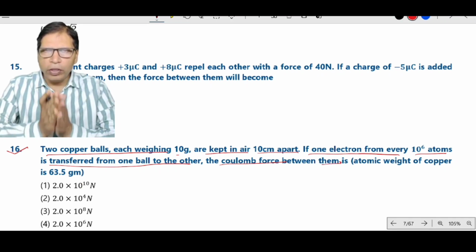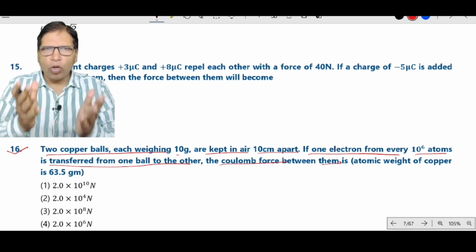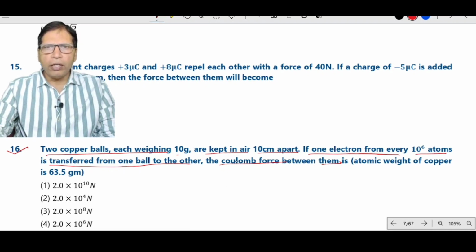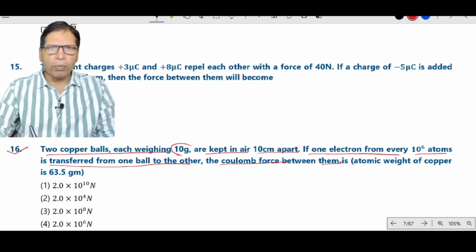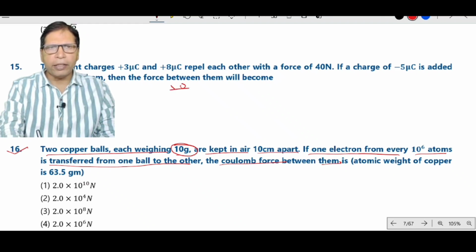So first of all, we have to calculate the charge in each copper ball. This is the mass of the copper ball, so we can calculate the number of moles here: 10 by 63.5.